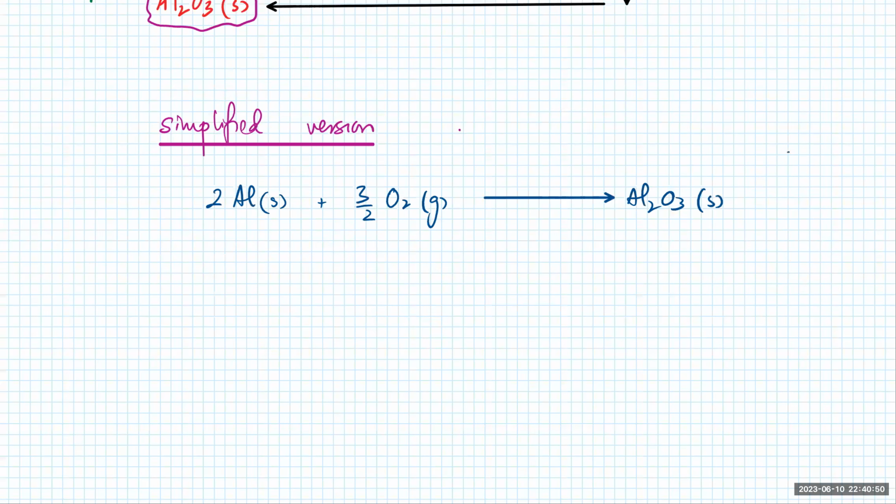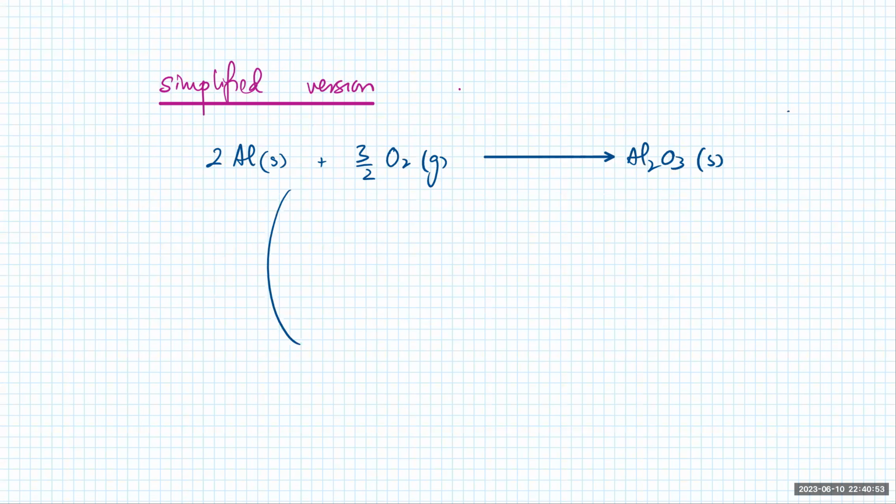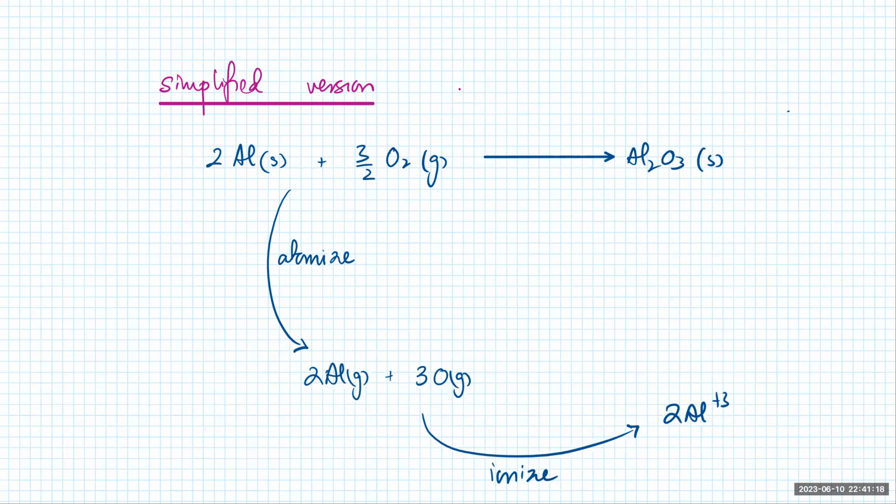What you need to do is first atomize. So you need to turn them into 2 gaseous aluminium atoms and 3 gaseous oxygen atoms. Once you do that, what do you do next? You ionize. You turn them into 2Al3+ and 3O2- gaseous ions. And once you've done that, this is your lattice energy.